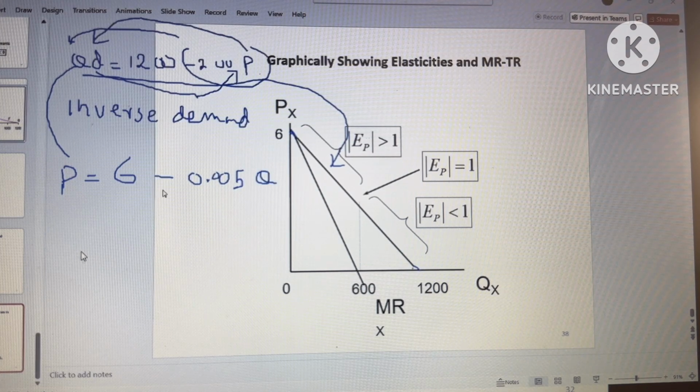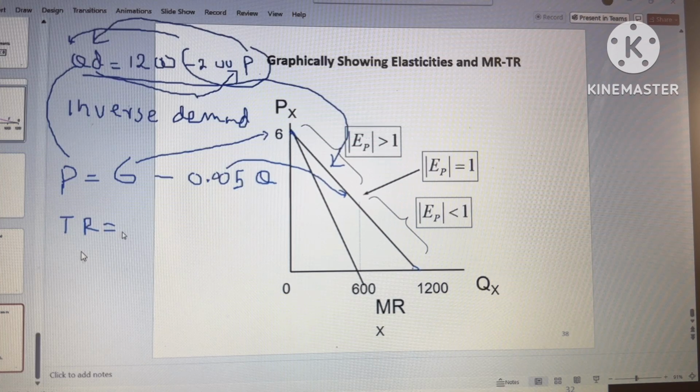Yes, QD. This equation is very much matching. This is the vertical intercept, right? So this is the slope of this curve, right? Now, I want you to calculate the TR. TR means total revenue.